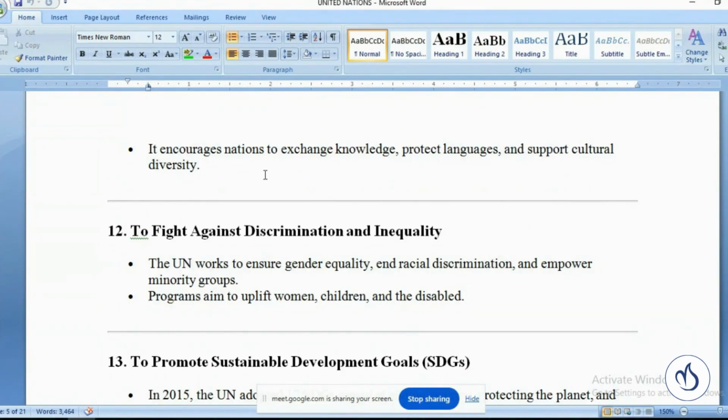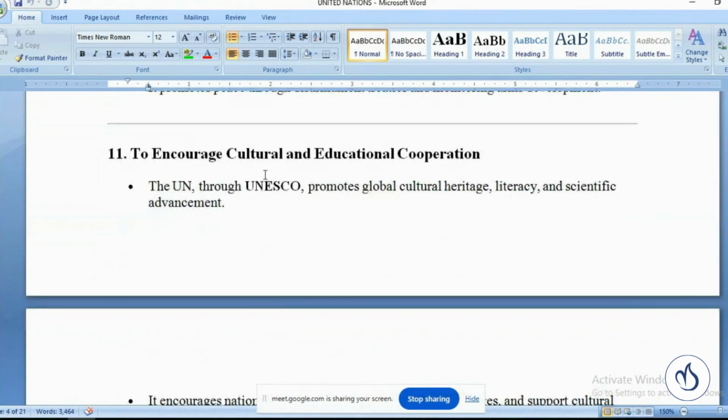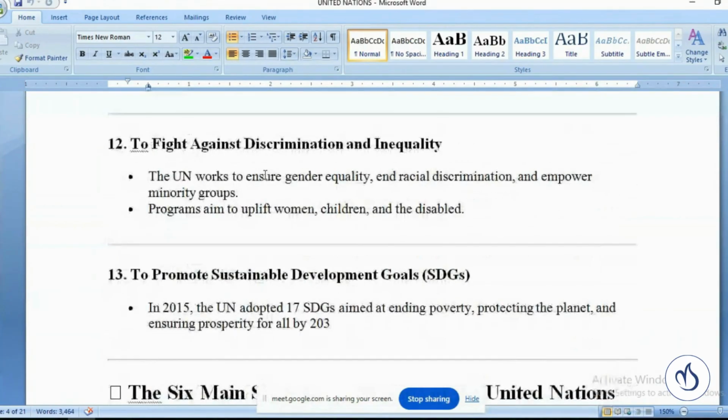Under the new curriculum, you must exercise all this. You must cater for someone's culture. Let that child speak the language he wants. So the major point of the UN was that it encourages culture and educational cooperation.